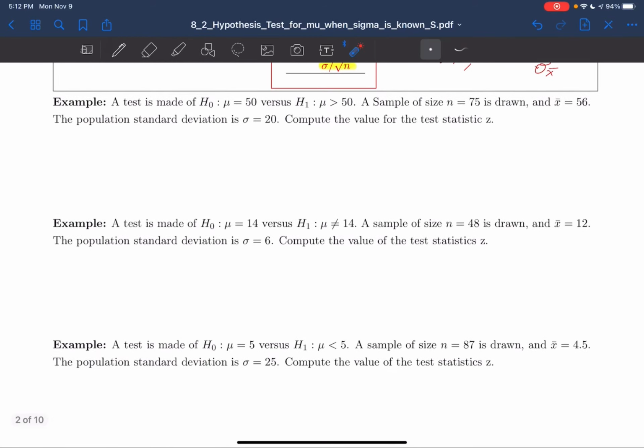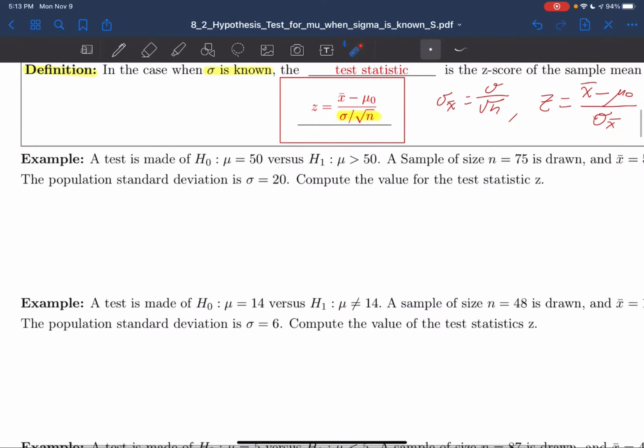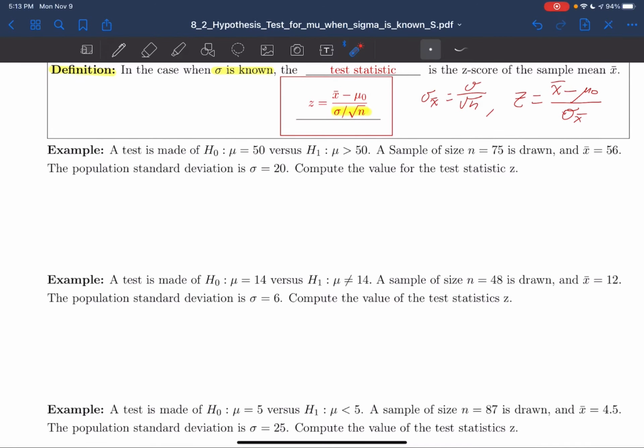Okay, so we're going to do a couple of examples of how to compute our test statistic. Example 1. A test is made of our null hypothesis mu equals 50 versus our alternative hypothesis mu is greater than 50. A sample of size n of 75 is drawn, and x bar is 56. The population standard deviation sigma is equal to 20.